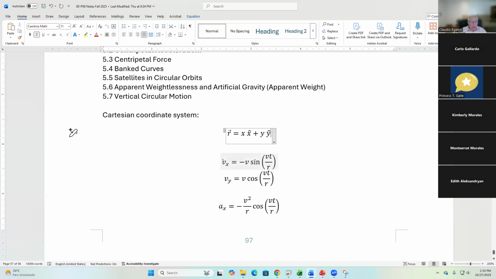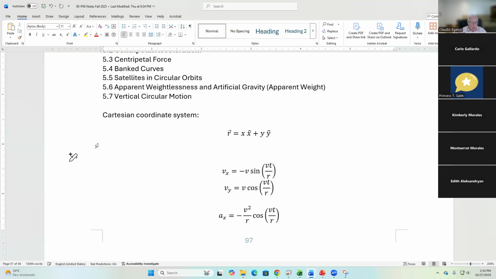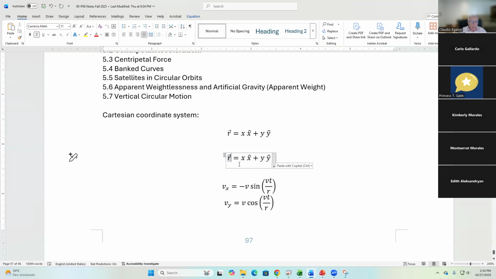Velocity vector. I'm going to reuse most of those things. You're going to have an x component of v and a y component of v. Vx and Vy were spelled out before.